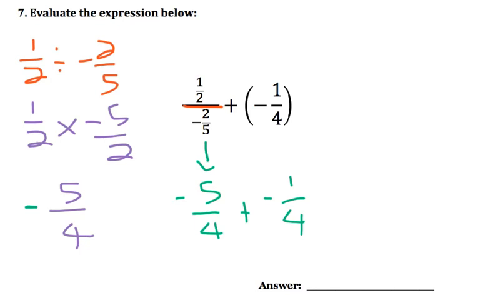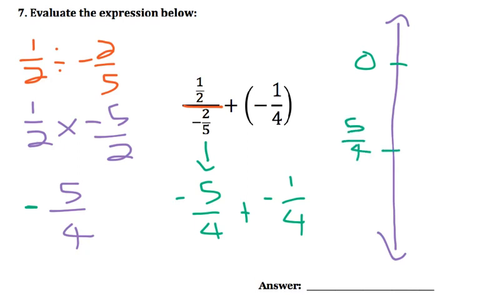At this point, since we're adding with integers and with negative fractions, I'm going to use the number line. I see that we're starting below 0. And we're adding a negative, which means we're adding weight. So that means we don't go up, even though we're adding, we go down.